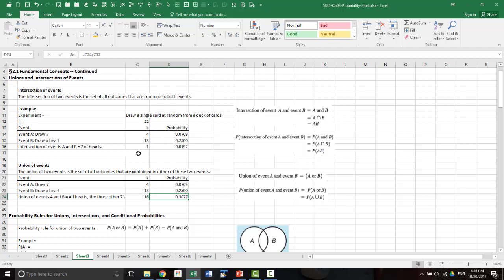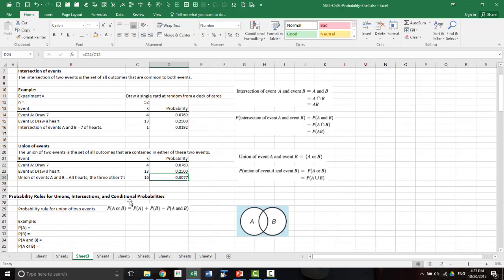Now we can develop some probability rules for the intersection, union, and conditional probability. We haven't talked about conditional probabilities yet. We'll come to that in just a second. Here are some notations that we need to be familiar with. The intersection of events A and B can also be written as A and B, or A with an upside-down U, or simply AB.